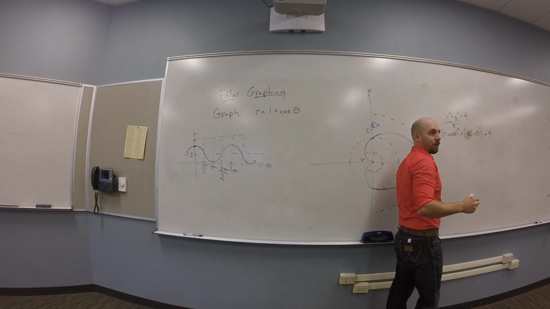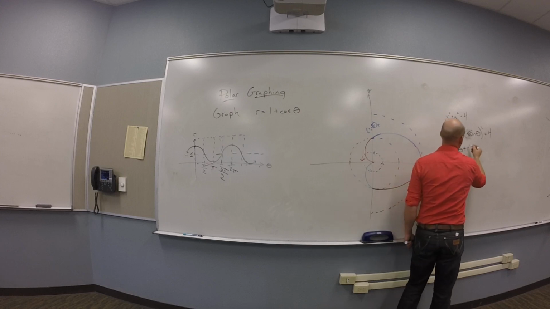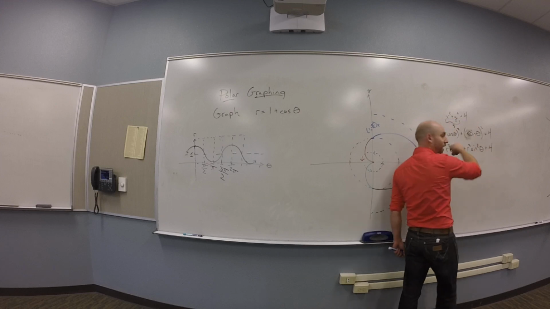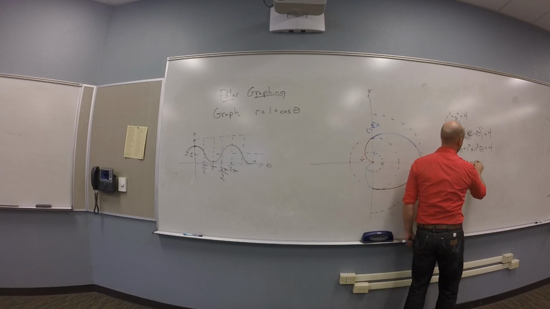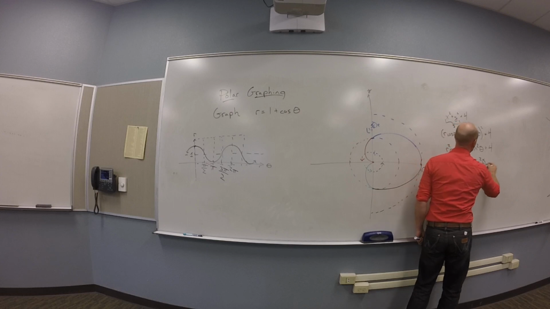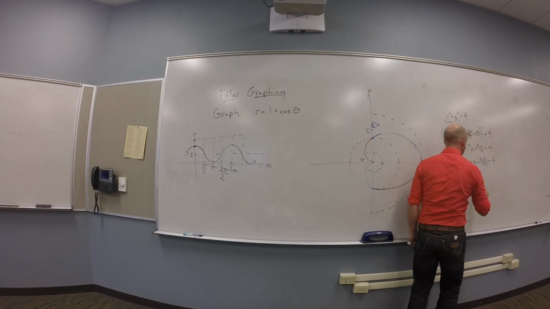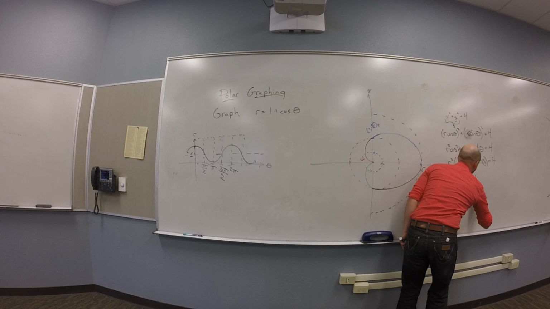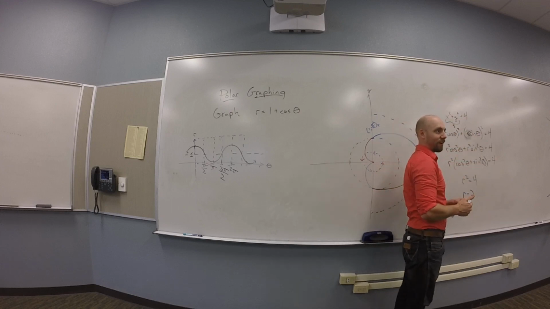Which tells you that you got r squared cosine squared theta plus r squared sine squared theta is 4. And then you factor out an r squared. So you got r squared times cosine squared plus sine squared, which is 1. So you get r squared is 4, but r is positive, because it's a radius. So r is 2, which is what we said earlier.